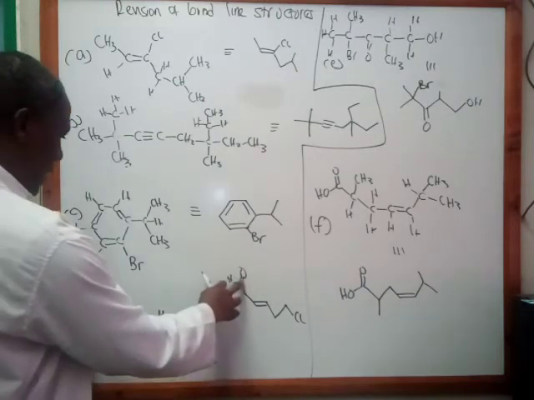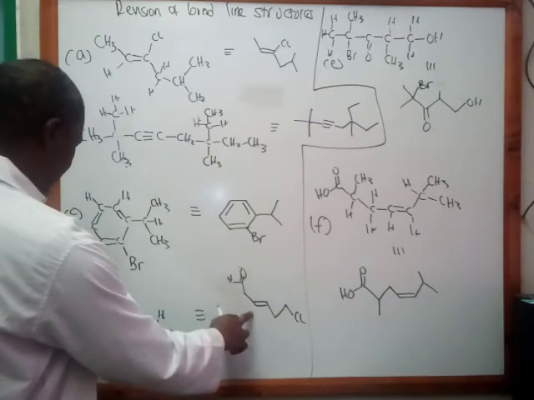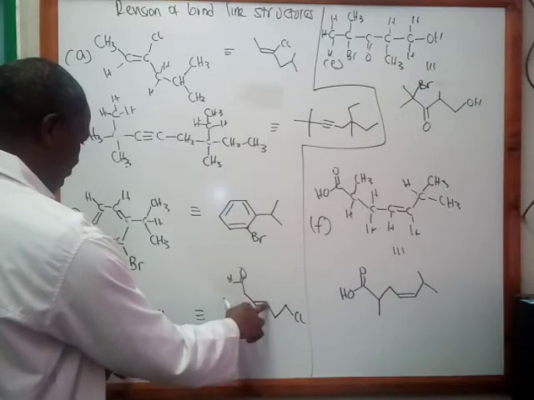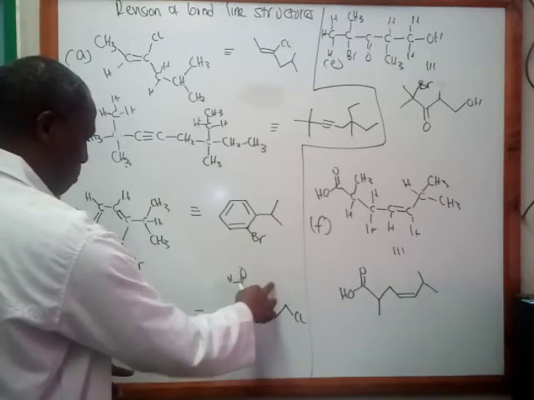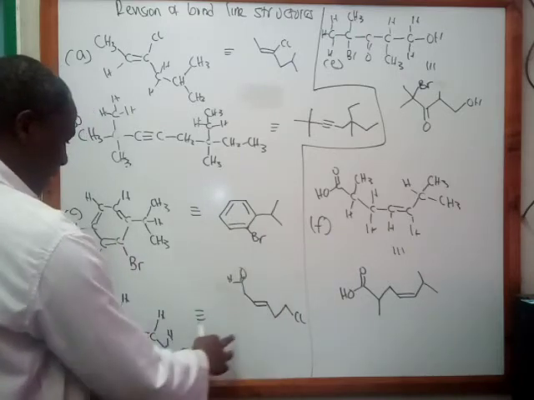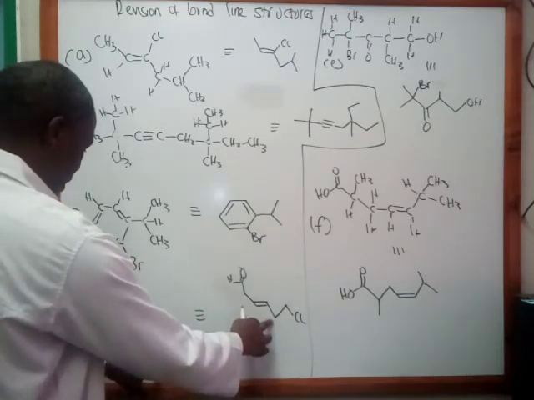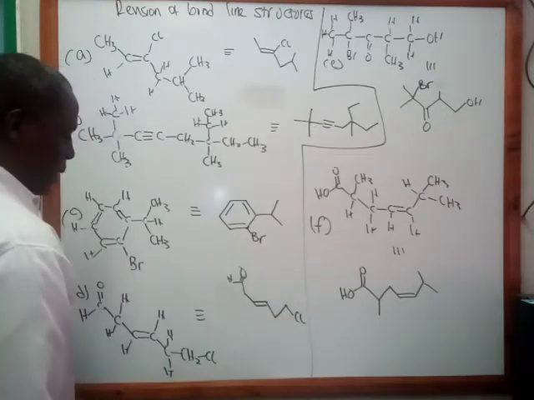There is the aldehyde group, there's the CH2, then there is the carbon with the double bond. There's the hydrogen down and the hydrogen up. So the hydrogens are trans, yeah? That's a trans double bond. Then there is a CH2, there's a CH2, then there's a CH2 containing the chloride group, yeah?